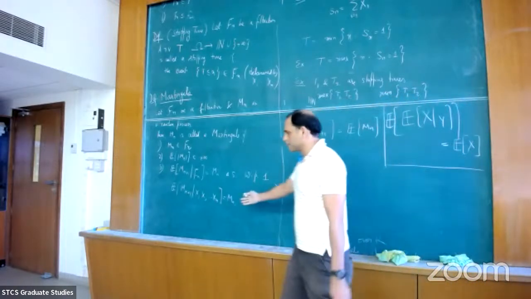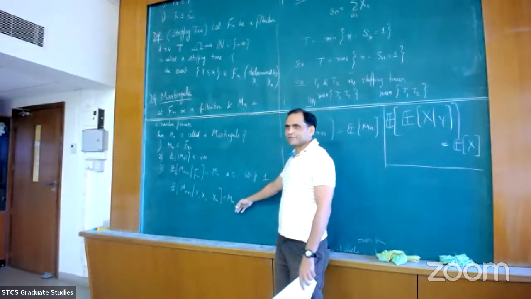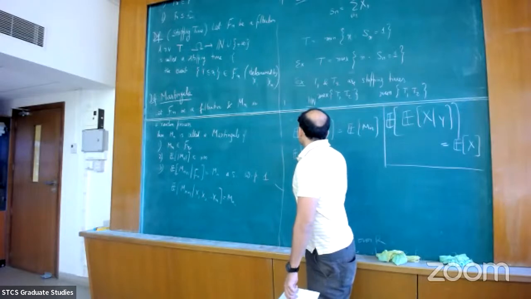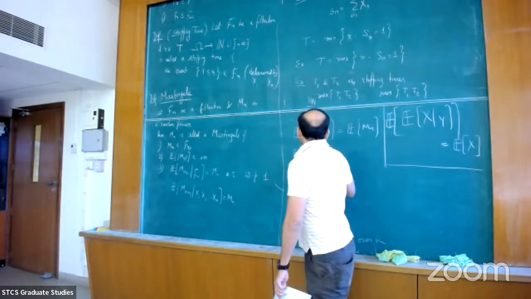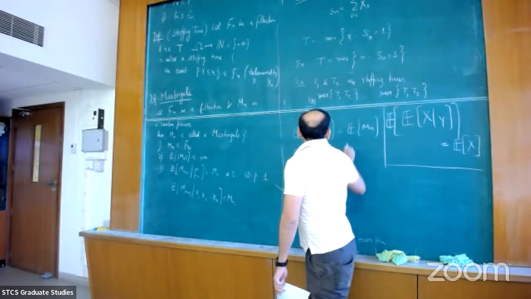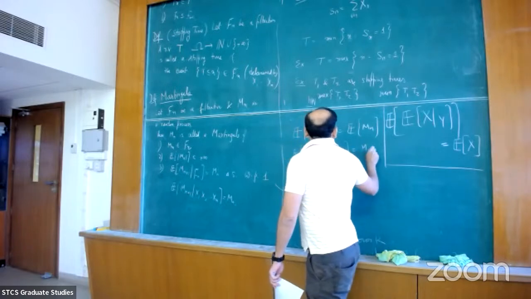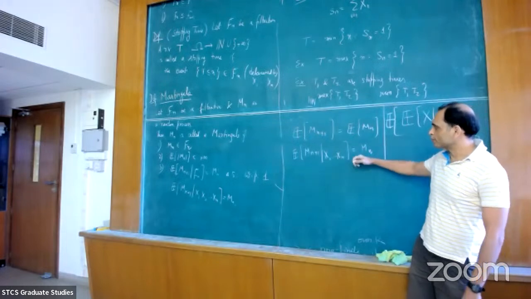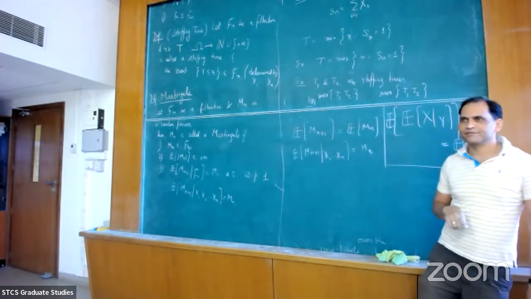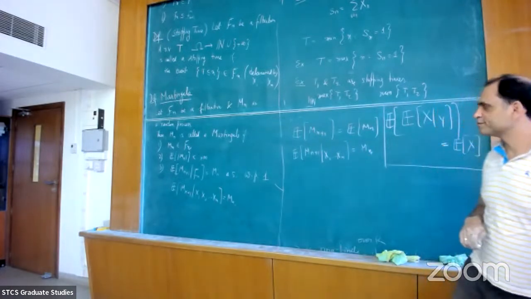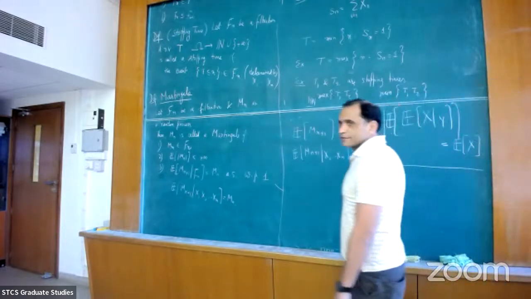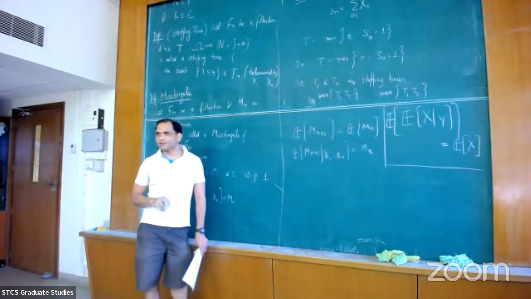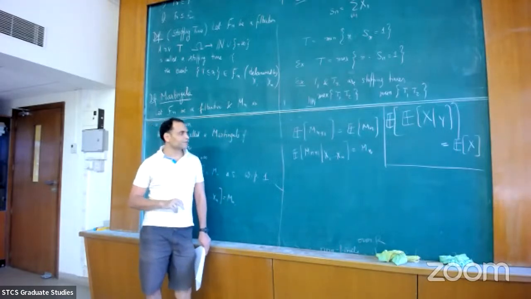All I have is this one condition: the expected value of M_{n+1} given X_1 to X_n is equal to M_n. Now I want this. What operation can I do from here to here? Take another expectation from both sides. The left-hand side is just the expectation of M_{n+1}.